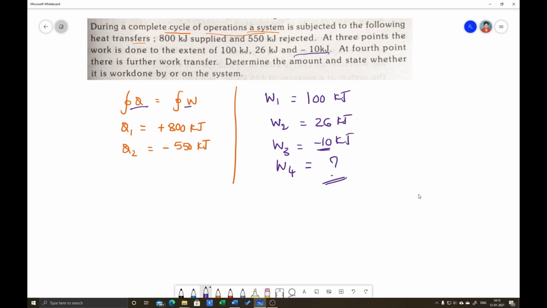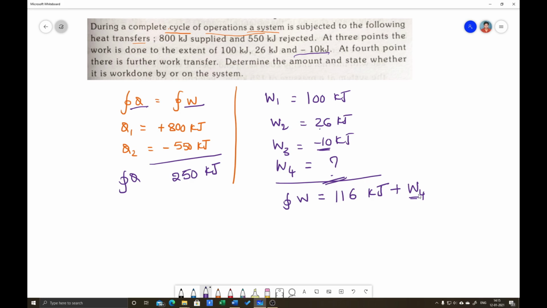We know that the sum of these is cyclic integral of Q, and the sum of these is cyclic integral of W. So 800 minus 550 is 250 kilojoules, and cyclic integral W is equal to 100 plus 26 minus 10, that will be 116 kilojoules plus W4. Now these two are equal.